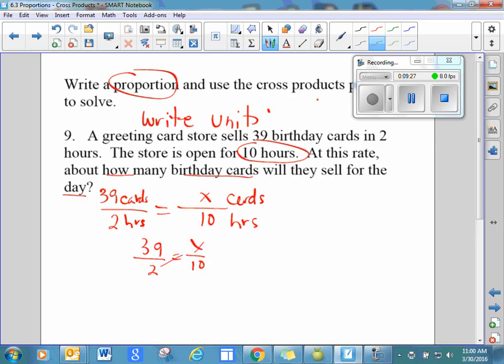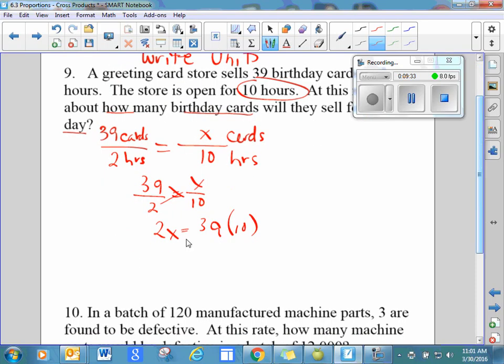Use your cross products. 2x is equal to 39 times 10. 2x is equal to, that's 390. Divide in half. And we get x is equal to, if you take 390 and you divide it by 2, you get 195.